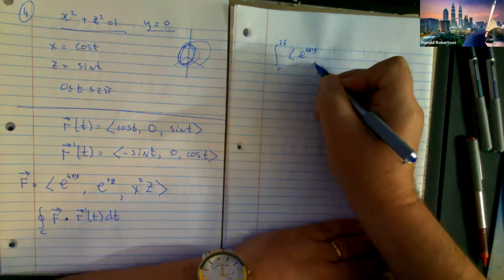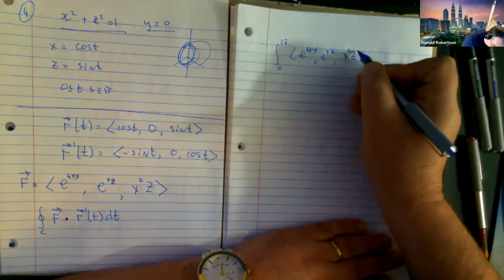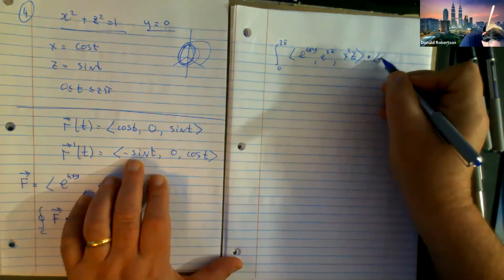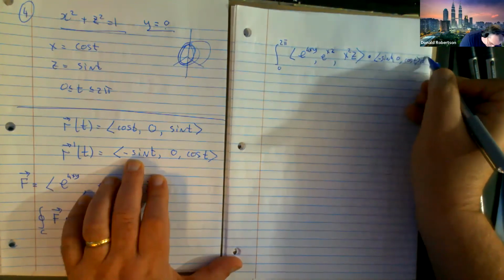E to that guy. E to that guy. That guy dot product with negative sine t, 0, cosine t dt.